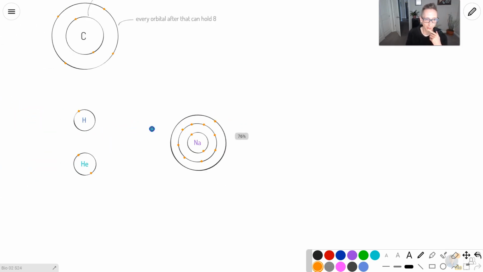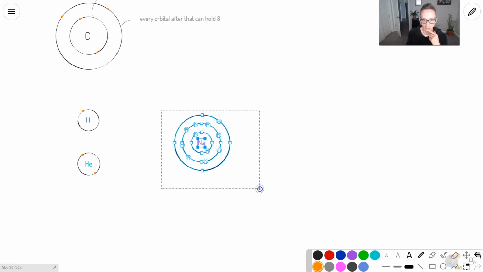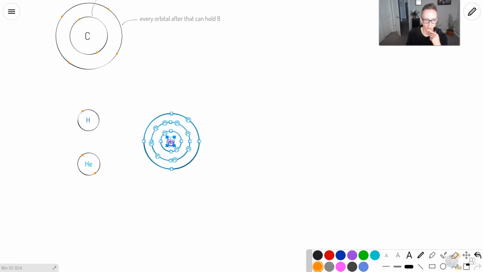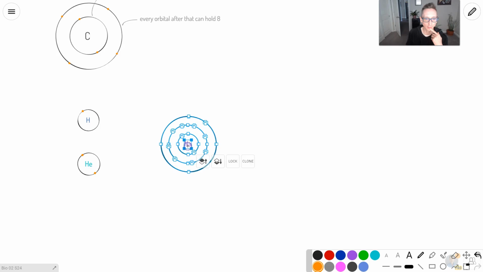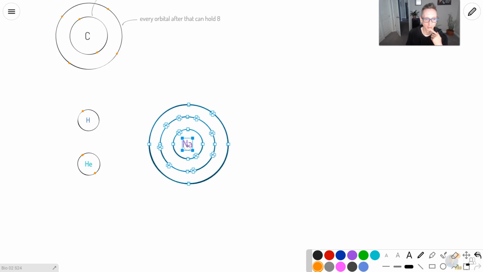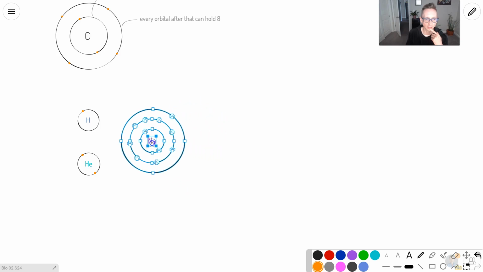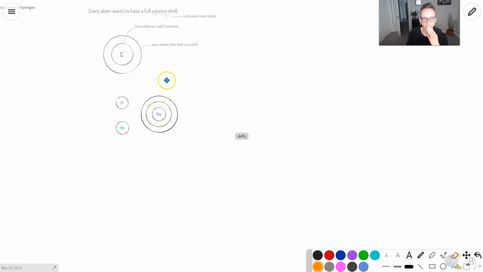And just from looking at this, sodium is going to be a lot bigger than something like hydrogen. Hydrogen and helium only have one orbital, which is their valence shell. Whereas when you get up to sodium, 11, now you've got 3 orbitals. Pretty nifty how that works.